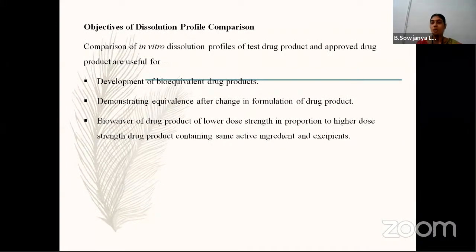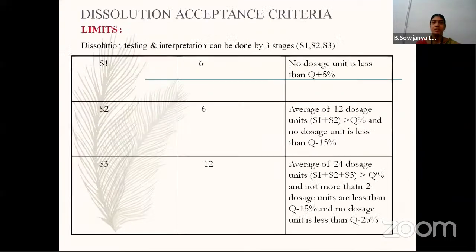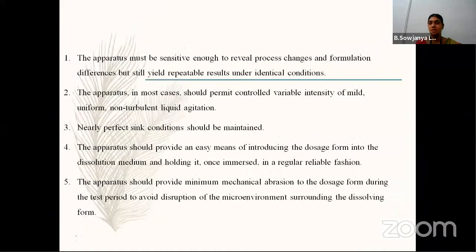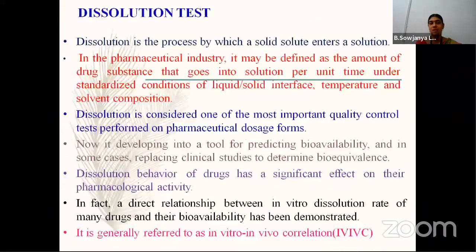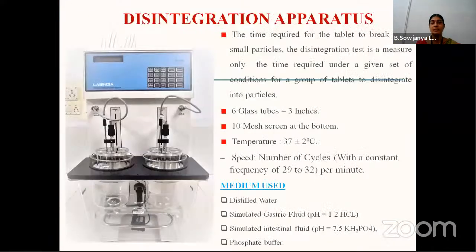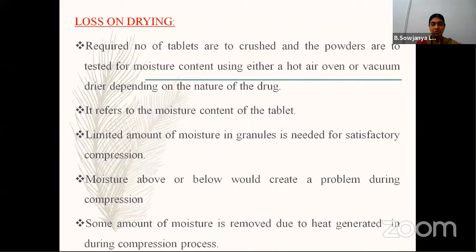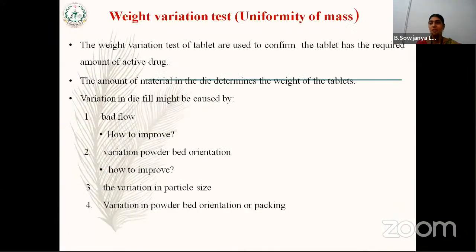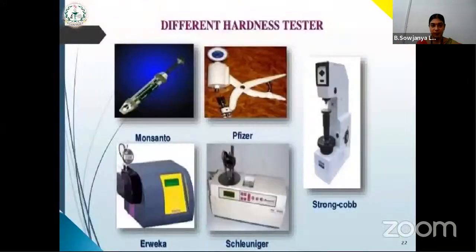All these parameters are observed in detail. So finally the dissolution, disintegration and weight uniformity, both the unofficial test and the official test values, are easily identified here. So these are the evaluation part of the tablets.